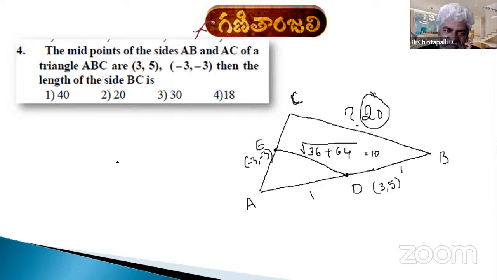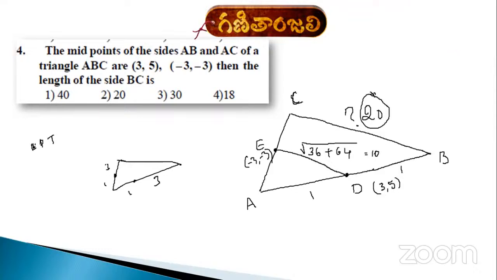If this divides 1:3, this also divides 1:3. And one more thing: do you know the first geometry theorem in mathematics? The Basic Proportionality Theorem, BPT, which is in the 10th class syllabus in state boards in India.